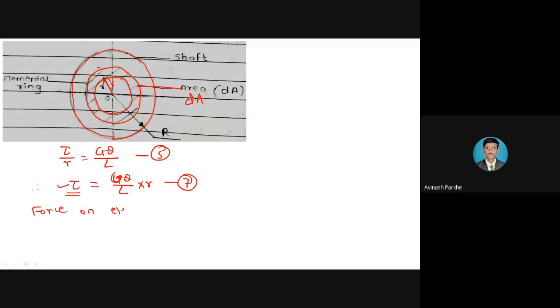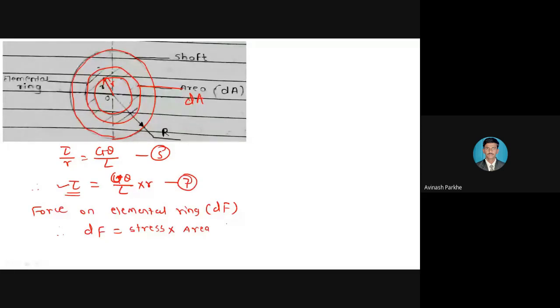Force on the elemental ring will be indicated by dF. Therefore, force on the elemental ring is equal to stress into area. We know that force is equal to stress into area.